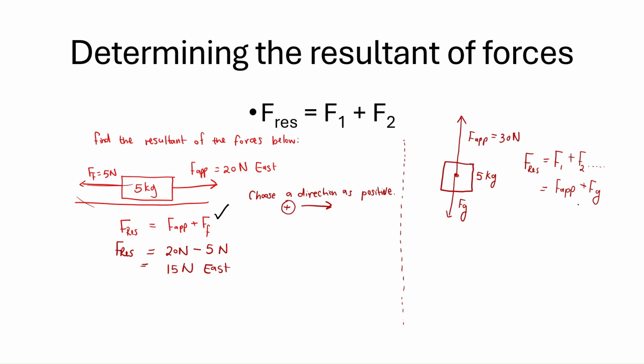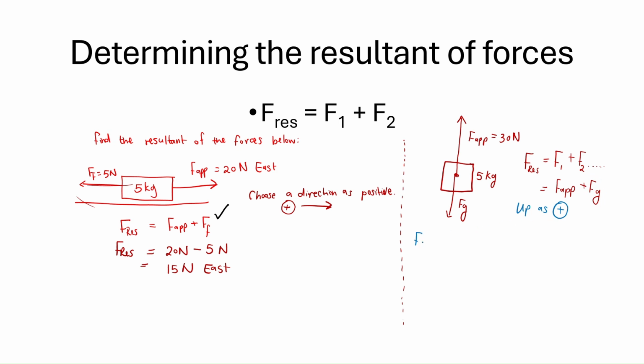And then after this we are going to do something that's really important, and that is, as we've done in the previous example, choose a direction as positive. So let's go with up as positive. With that being said, if up is positive, we need to now find the force of gravity itself.